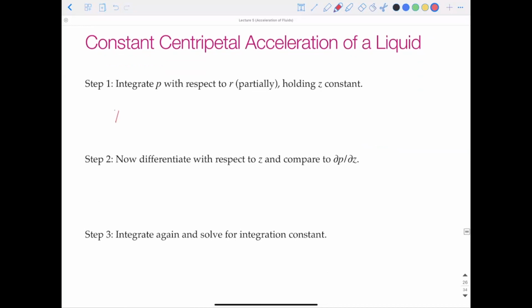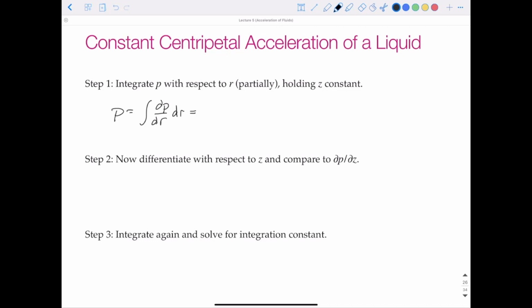So we can say our pressure P is equal to the integral of partial derivative dP dr dr. So we're integrating just partially with respect to r.